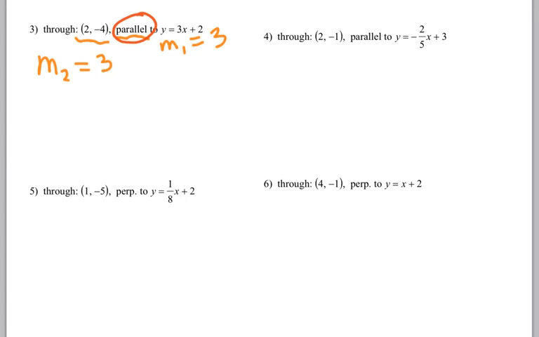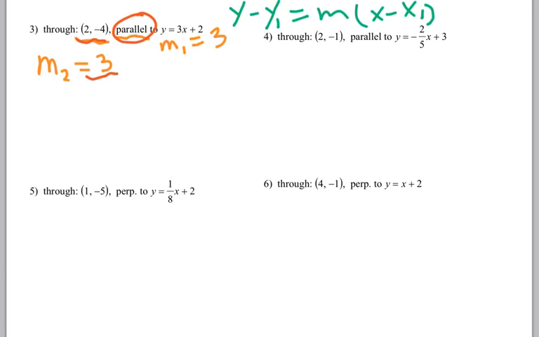If you are given a slope and a point, we use y minus y1 equals m multiplied by x minus x1 to figure out that linear function.